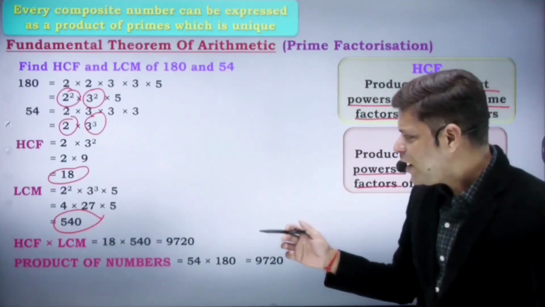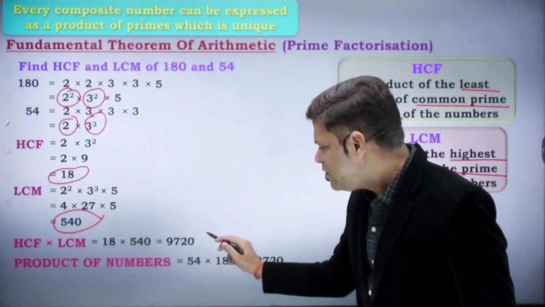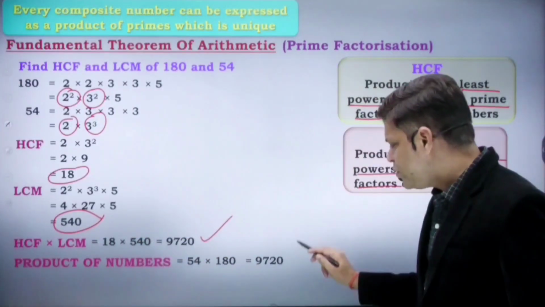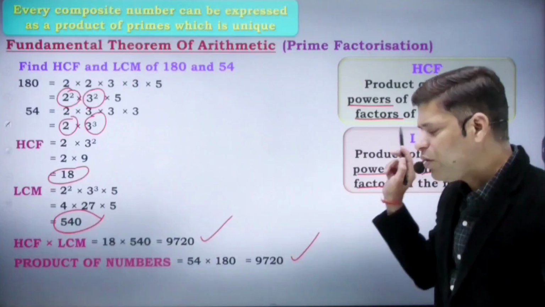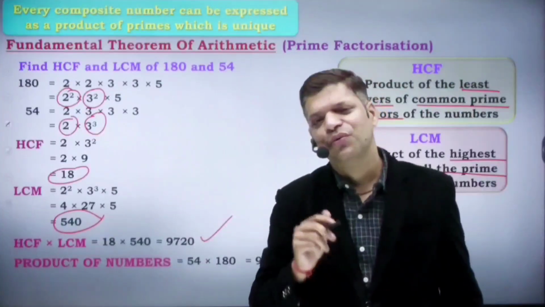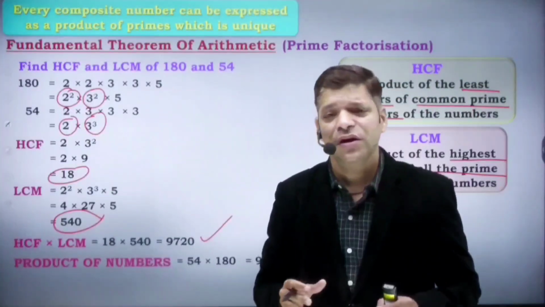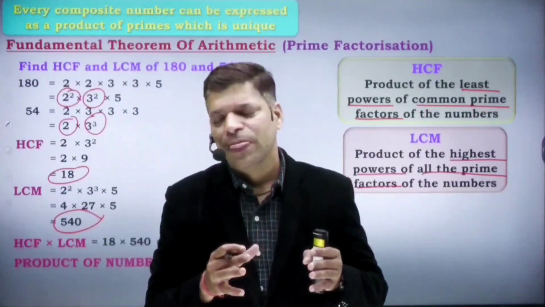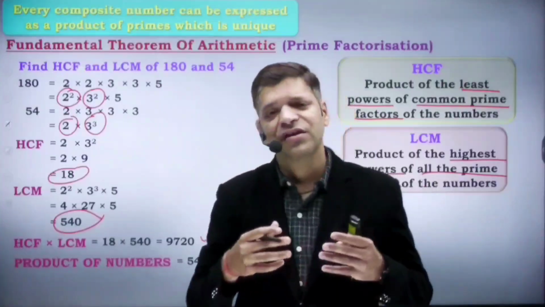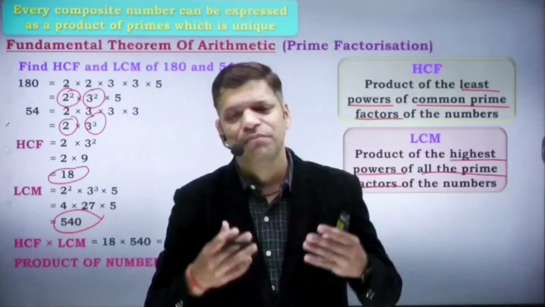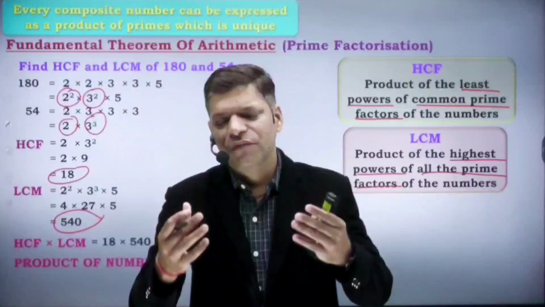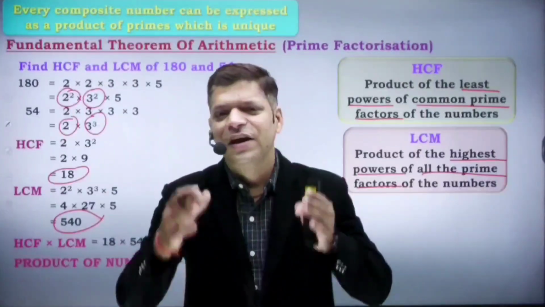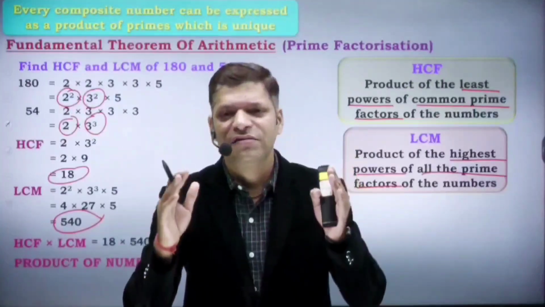So we find that HCF into LCM is 9720 and the product of the numbers is also 9720. So here we find an interesting result, or we can say an interesting relation, between the product of the numbers and their HCF and LCM.